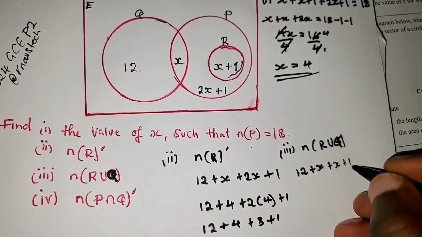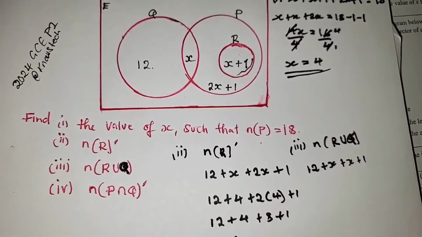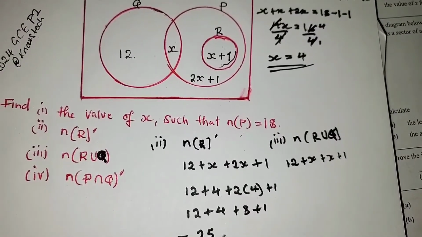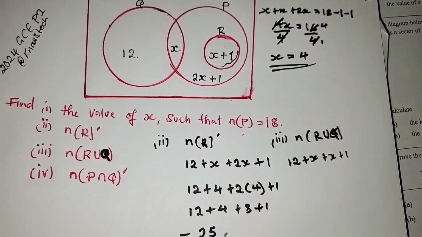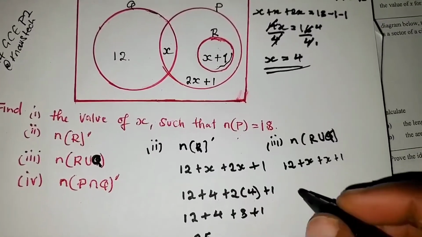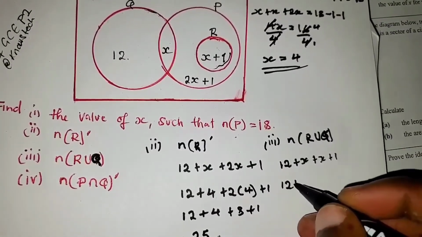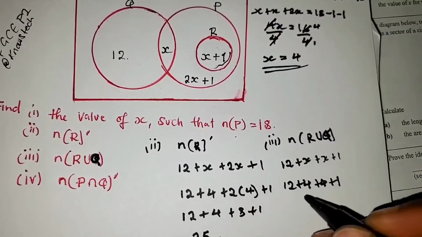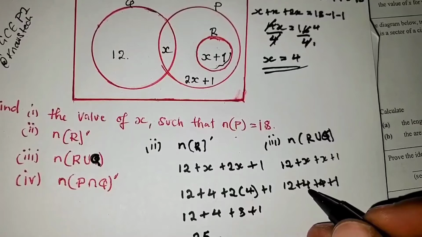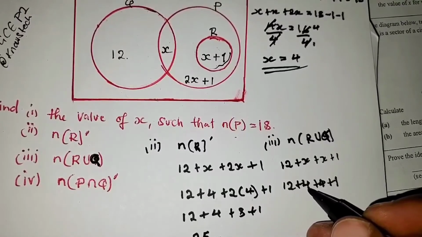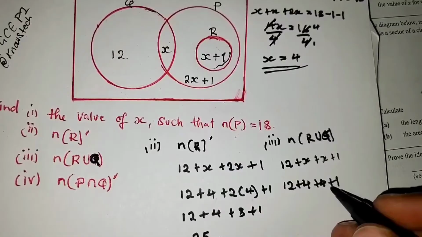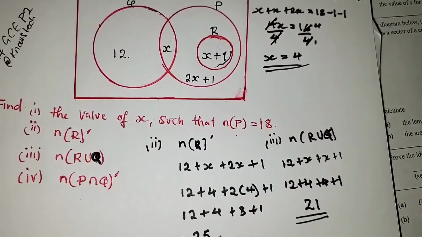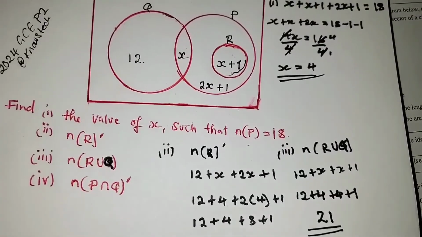Then let's substitute x with 4. So 12 plus 4 is 16, 16 plus 4 is 20, 20 plus 1 is 21.